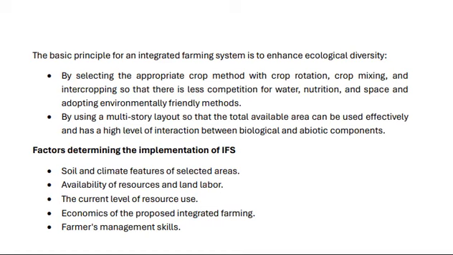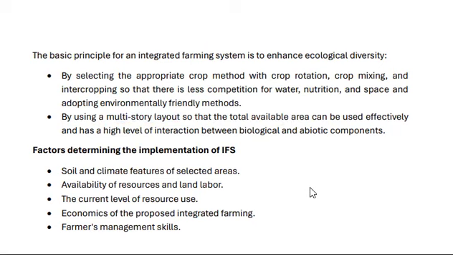By using a multi-story layout so that the total available area can be used effectively and has a high level of interaction between biological and abiotic components. So we have here a multi-story layout. So what we're talking here is the vertical farming, gaya ng aquaponics and hydroponics and aeroponics.